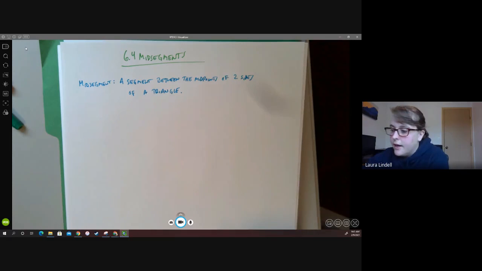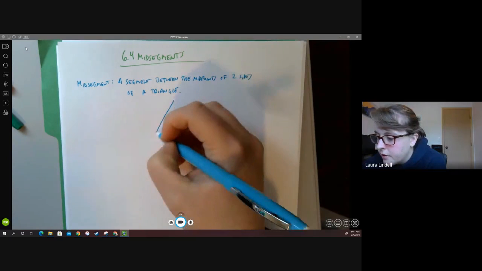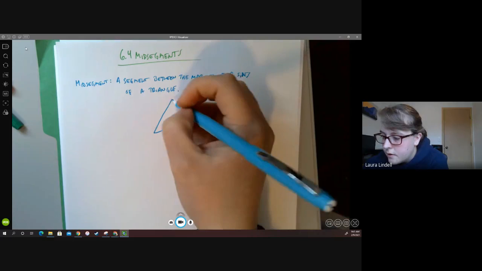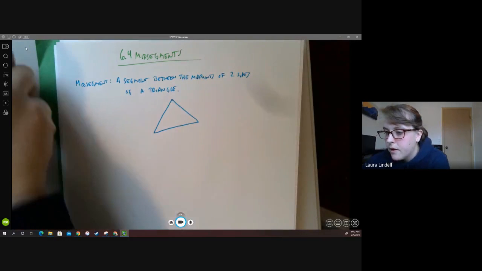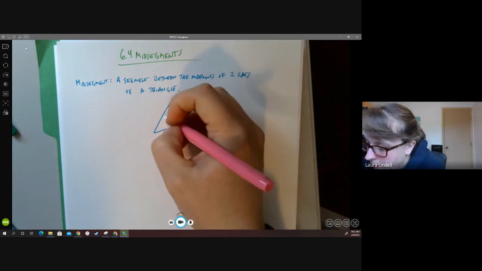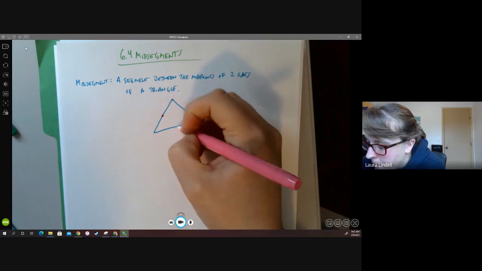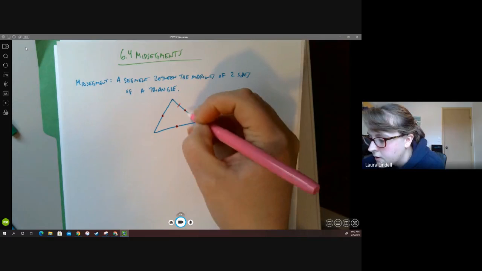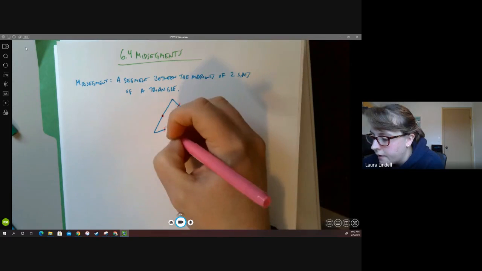So what this looks like is if I've got a triangle going here, and we'll say that these are the midpoints of each of the sides. So this is the same as this, cuts it in half.